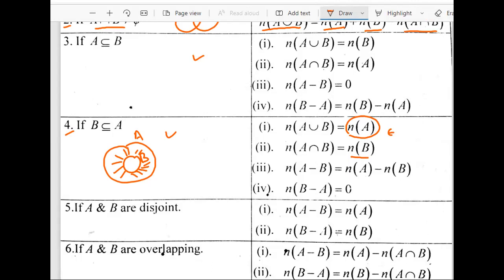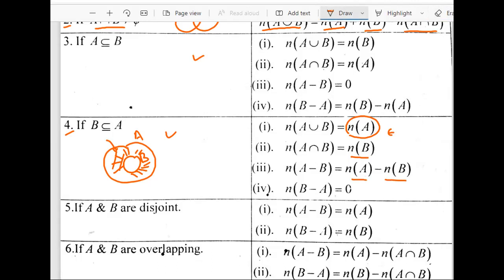And for this, I will have number of elements in A minus the number of elements in B, right? Isn't this obvious? Number of elements in A would be all these. If I subtract the elements of B, I will again get my donut back. Do you understand it?